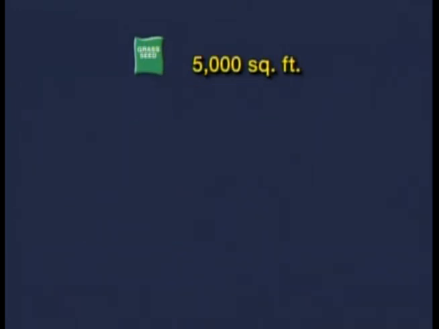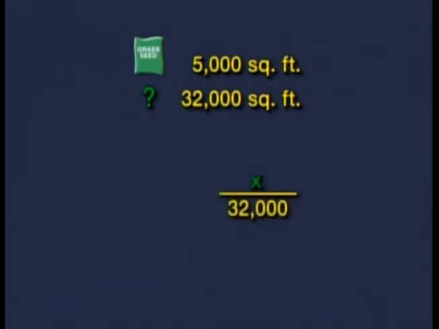Now let's solve a problem using a proportion. 1 bag of seed covers 5,000 square feet of lawn. How many bags will you need to cover 32,000 square feet? X is the number of bags needed to cover 32,000 square feet. 1/5,000 equals X over 32,000.